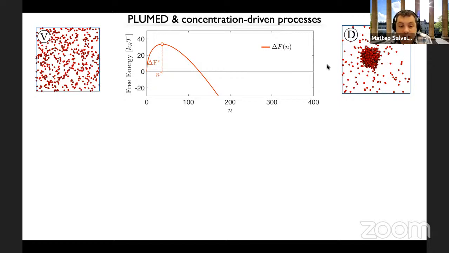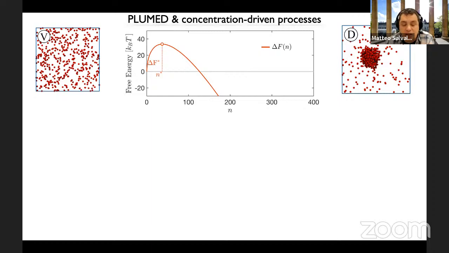For a process like nucleation, the reaction coordinate is typically associated with the size of the droplet in some form, and the barrier corresponds to an important quantity in the field, which is the critical nucleus size.